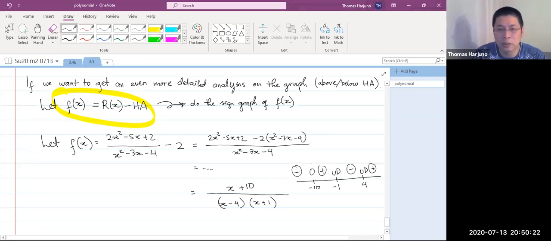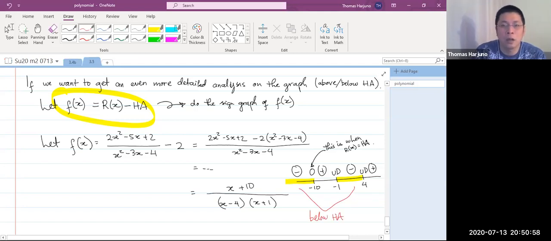Now this 0 means intersect with the horizontal asymptote. This is when the rational function equals the horizontal asymptote, y equals 2 in this case. The interpretation will be that if it is negative, it means below the horizontal asymptote, and if it is positive, it means above the horizontal asymptote.